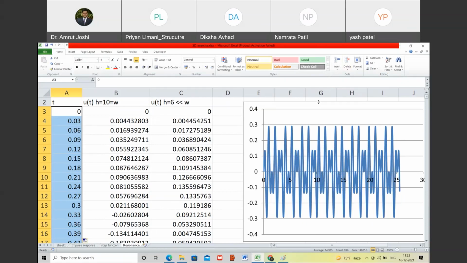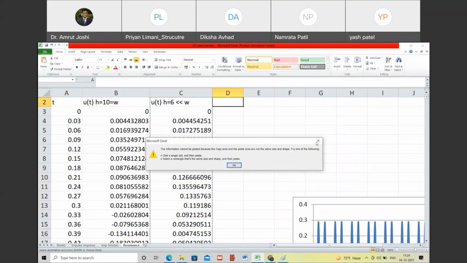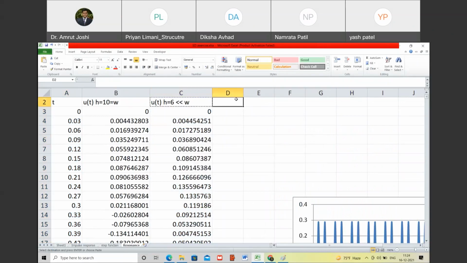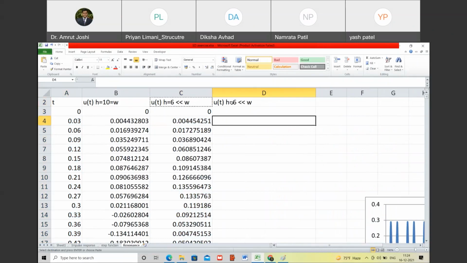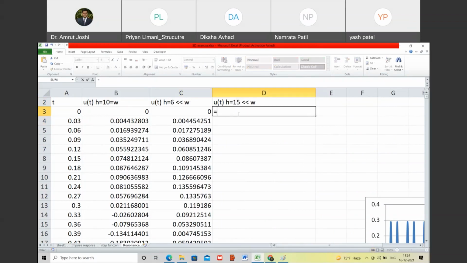Now, to make this clearer, we are going to calculate this response for a value of lambda which is much greater than omega. So let us plot the response for the case where this is equal to 15. I am going to borrow this equation. What is the change that we are going to have in this equation?